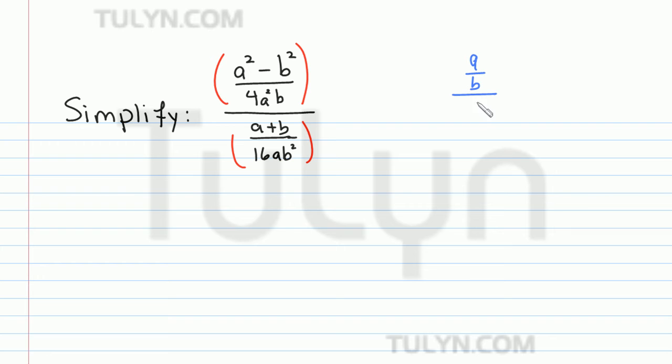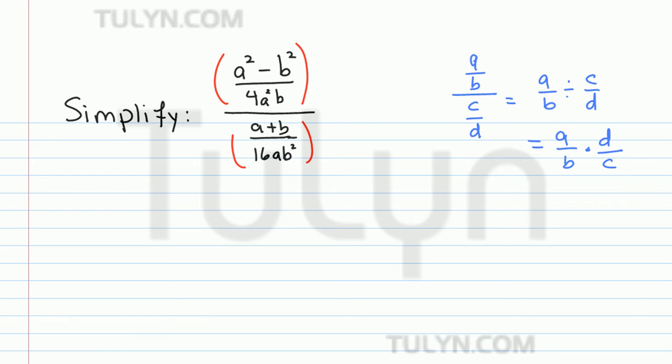a over b over c over d, this is the same thing as a over b divided by c over d. And another way of writing that is a over b times d over c. So times the reciprocal of the denominator in this case.